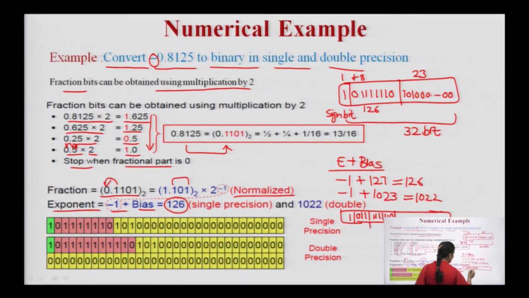This is my 1022. Then the fraction part 101, since it is of 52 bits. So, 3 bits I have written, 49 zeros I will append here. This becomes my 64-bit double precision number for this example. On a similar basis, we can convert any number into IEEE single precision and IEEE double precision.